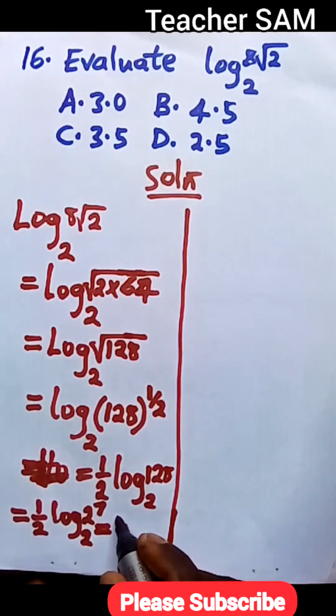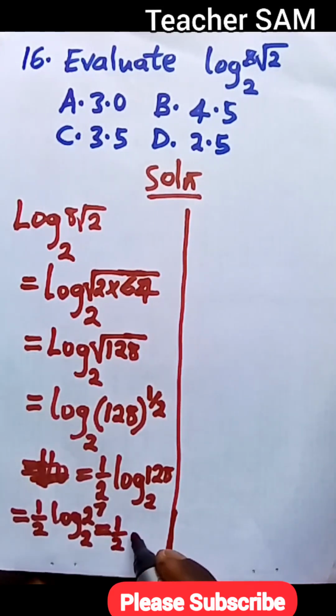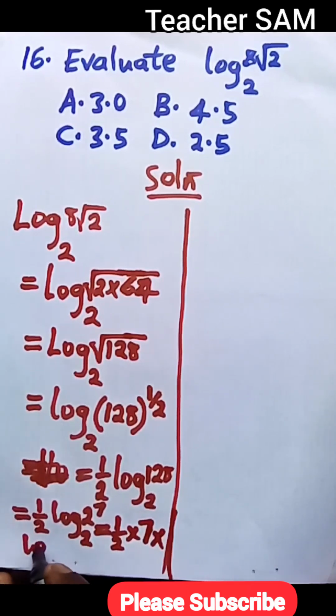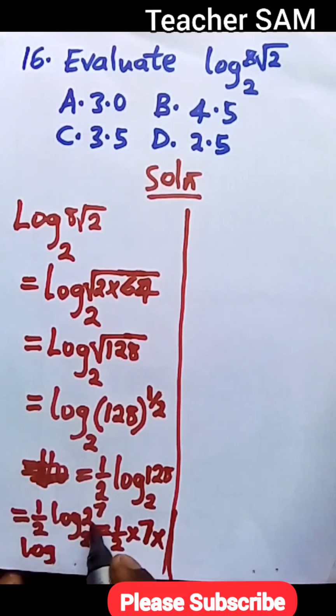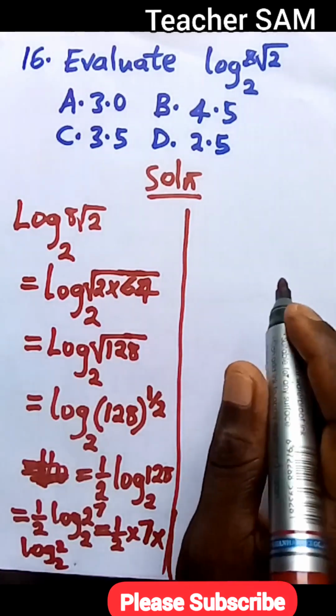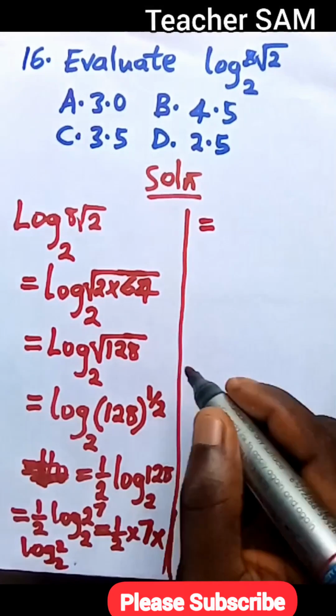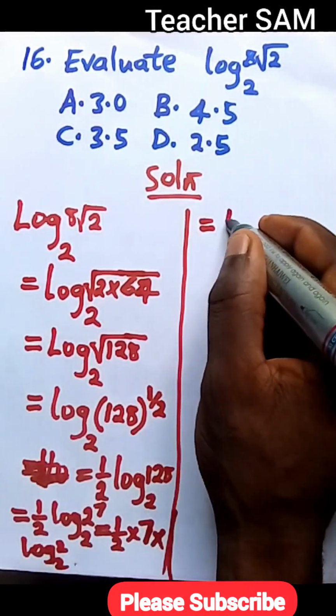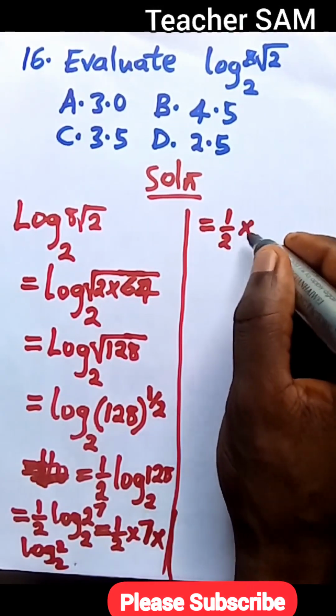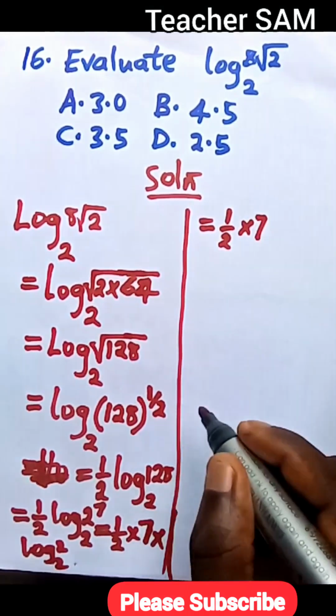So we have 1 over 2 times 7 times log 2 to base 2.